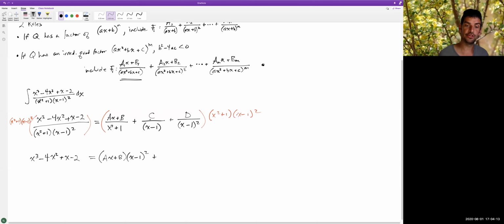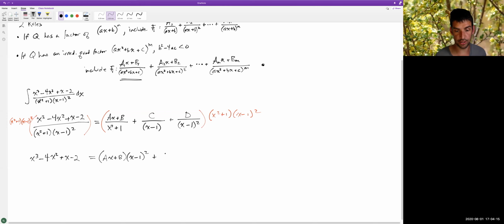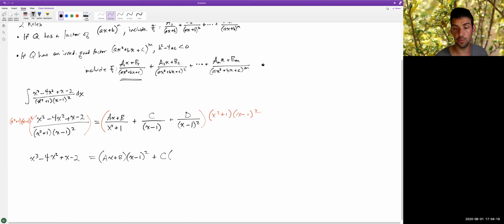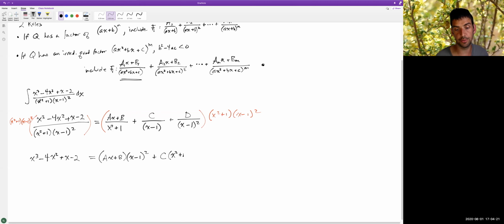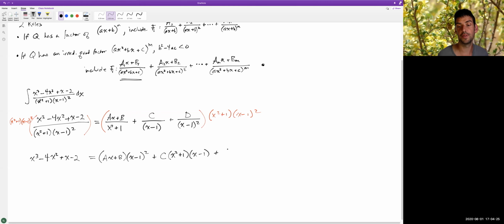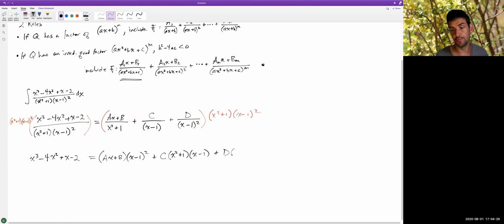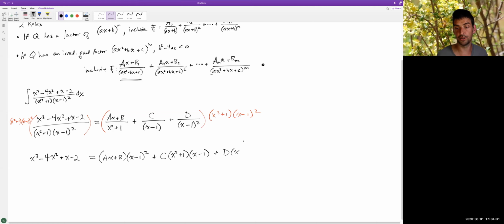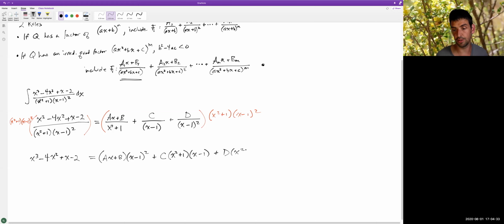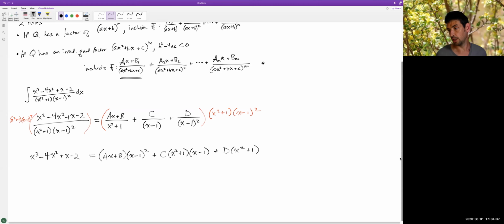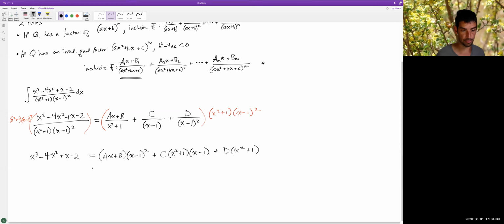When we multiply to the second term, all that's left is c. We've canceled this factor of x minus 1, leaving x squared plus 1 behind, but also one extra factor of x minus 1, because there was only 1 in the denominator. And then in the d term, the x minus 1 squareds get canceled, and we're left with x squared plus 1.